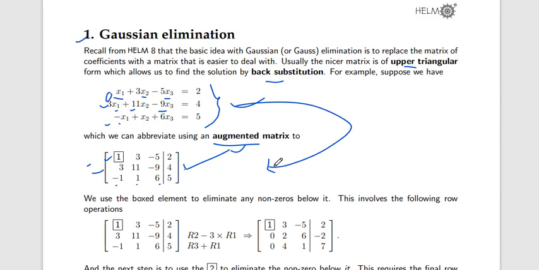Now, how do we transform this augmented matrix into an upper triangular matrix? It's simple, we already talked about this. What is an upper triangular matrix? An upper triangular matrix is one in which the values below the diagonal are always 0. The diagonal here is 1, 11 and 6, and below the diagonal all values should be 0.